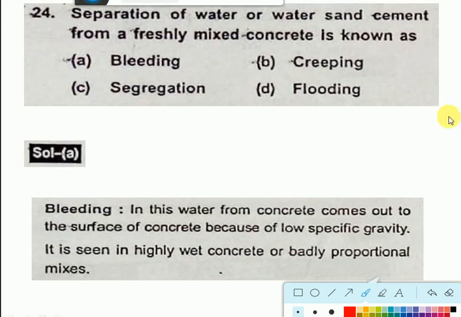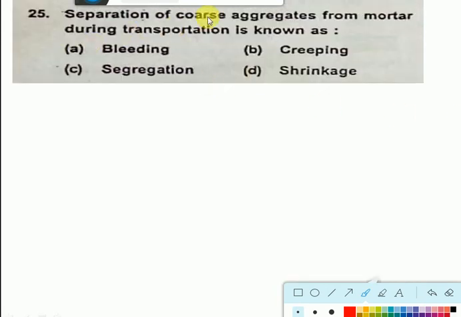Okay, let's move to the next question. Separation of coarse aggregate from the mortar during transportation is known as segregation. Just remember the points, very important.